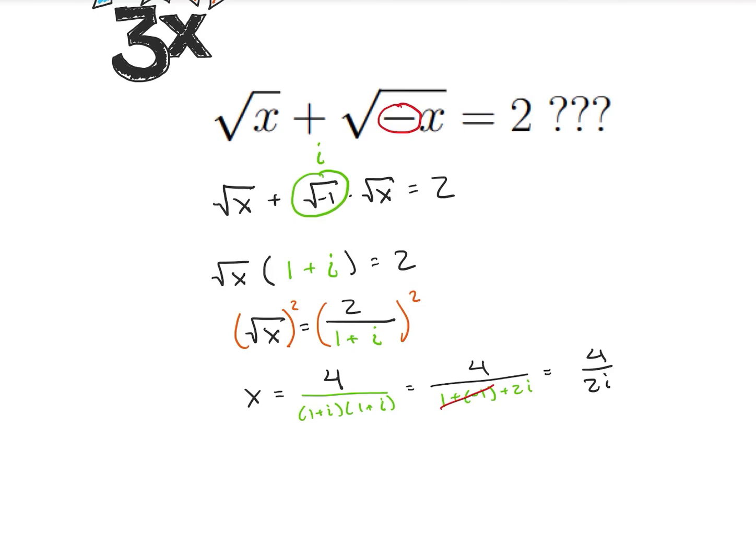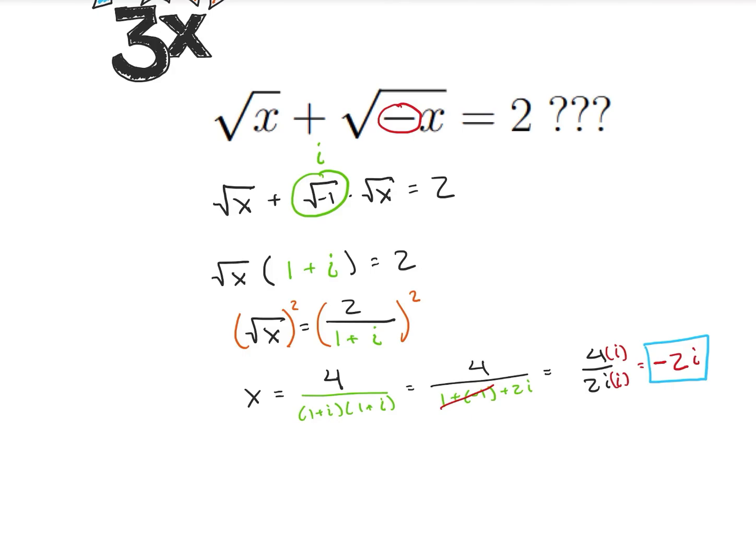If I multiply the top and the bottom by i, then 4 divided by 2 is 2, so I'm going to be left with 2i divided by i times i. i times i is negative 1, so I'm going to get negative 2i. So at least one solution here is going to be negative 2i.